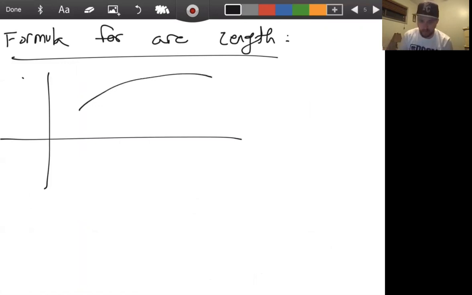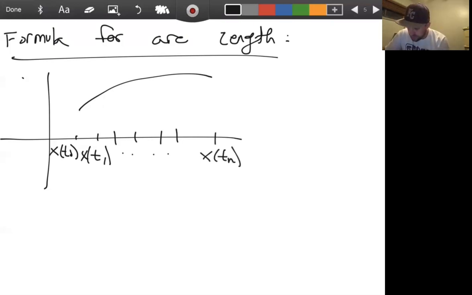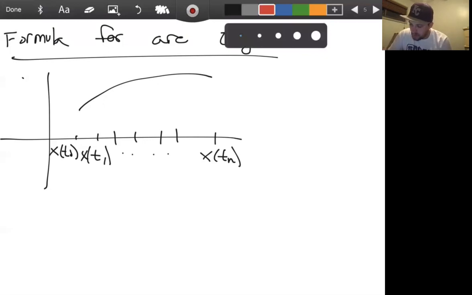We want it to be an equal partition. So let's say here, again, we have x of t0, x of t1, et cetera, equal subdivisions all the way up to x of tn. Okay. And now we want the arc length of this curve.